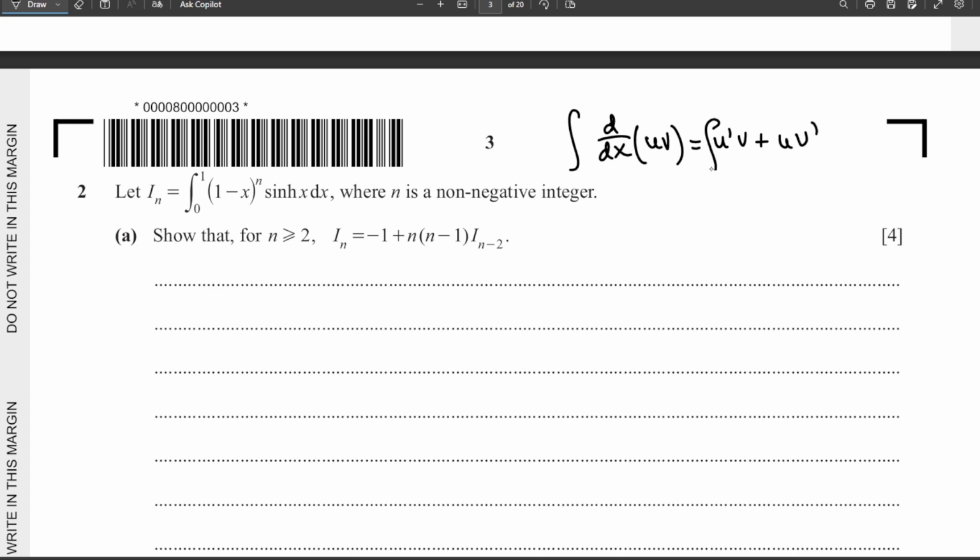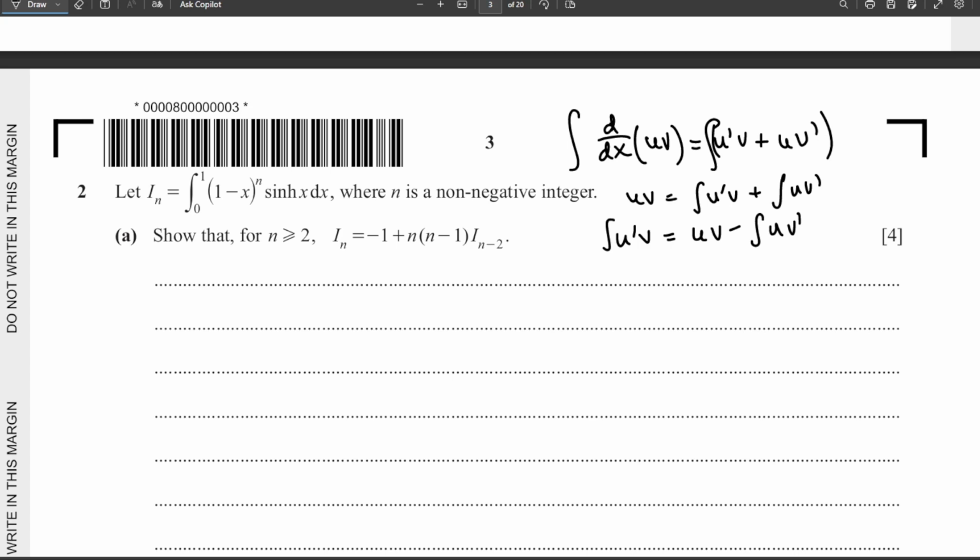So if we integrate this on both sides, we get uv equals the integral of u prime v plus the integral of u v prime, and therefore we rearrange this to get our integration by parts formula.